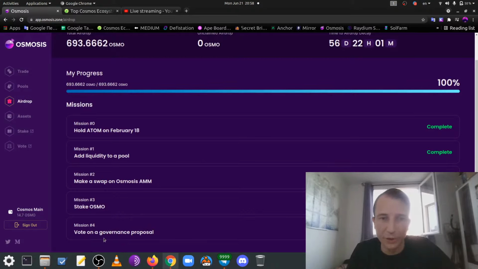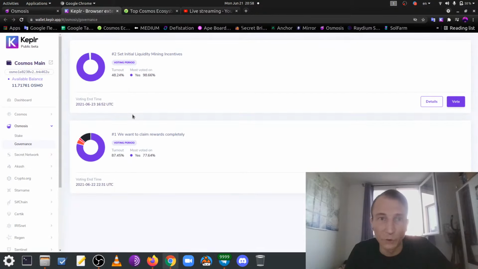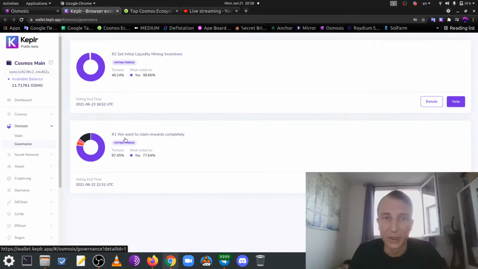Vote on a governance proposal. You just click vote and it redirects you from Osmosis to the Keplr dashboard, and we can see the first voting that was created just to give you the possibility to complete 100% of the airdrop.